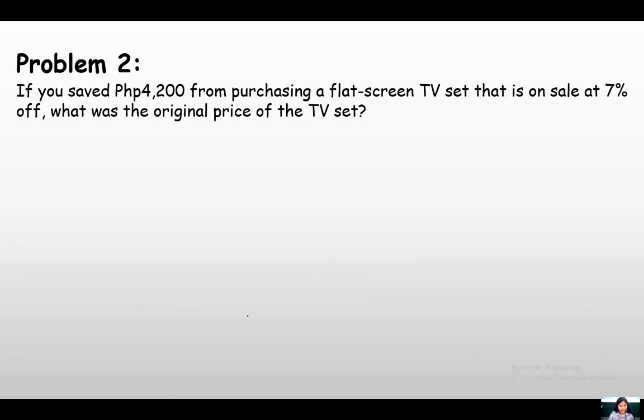Okay, so in the next problem, we are asked to find the original price. If you save 4,200 from purchasing a flat screen TV set that is on sale at 7% off, what was the original price of the TV set? Okay, first, let's list down our given.